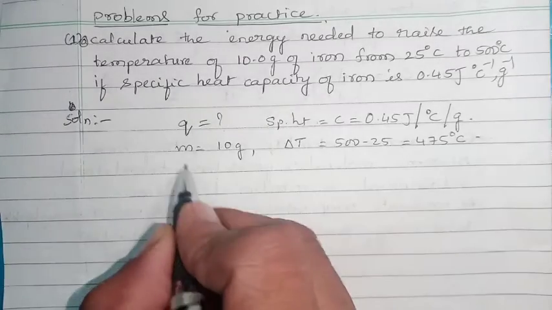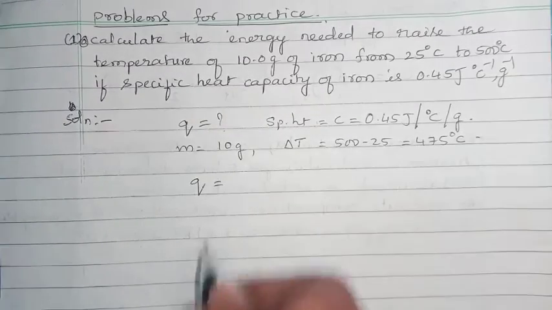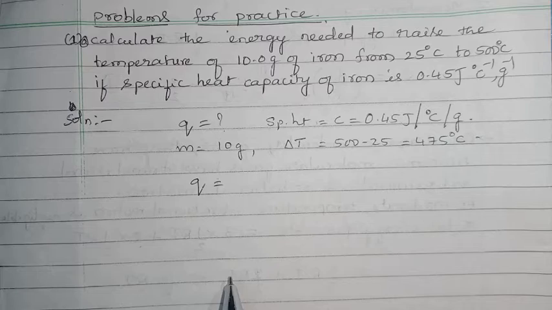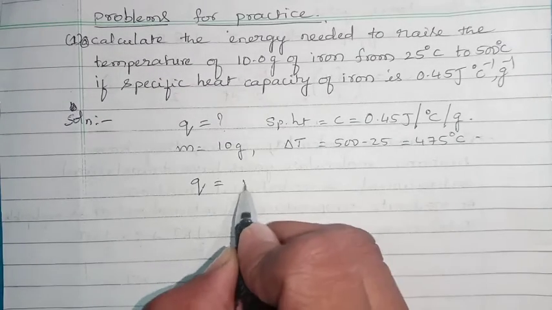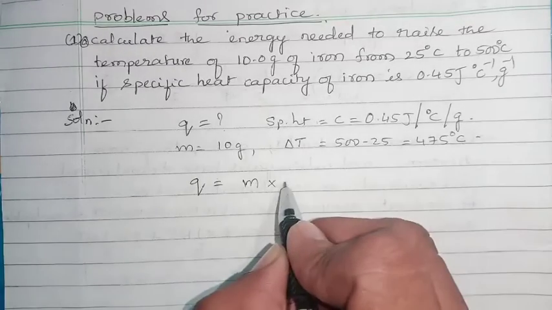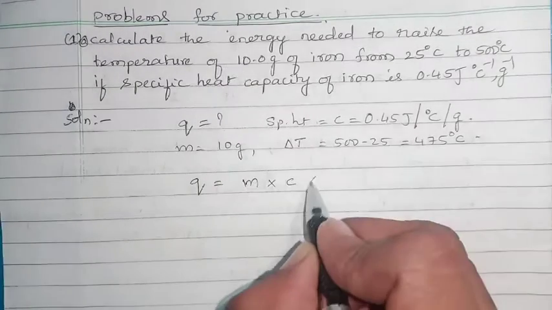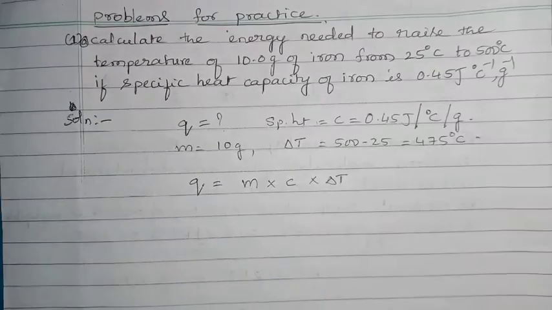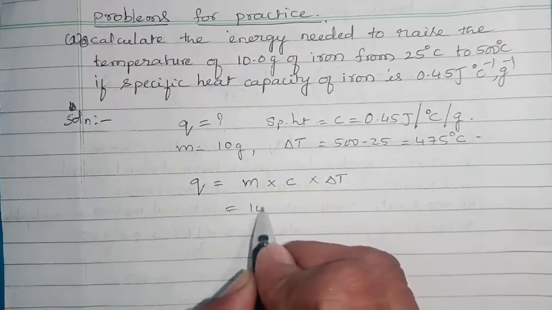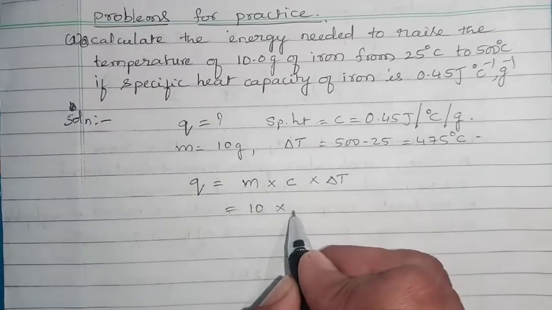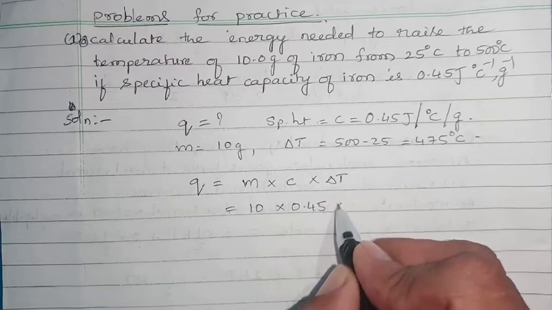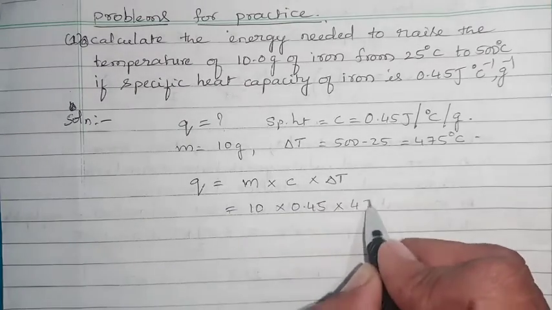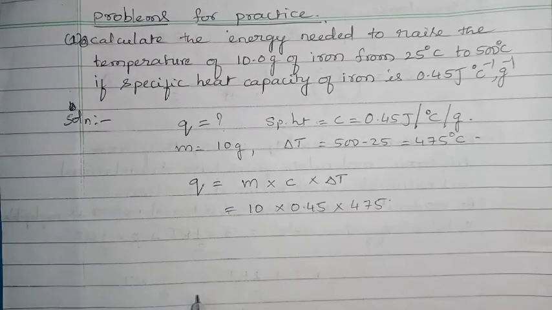So according to the formula, the amount of heat supplied to the iron is Q equals mass of iron, specific heat of iron, and rise in temperature. So the mass of the iron is 10 gram, the specific heat of iron is 0.45 joules per gram per degree Celsius, and the rise in temperature is 475.